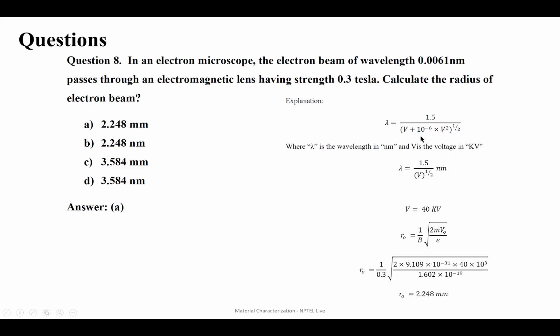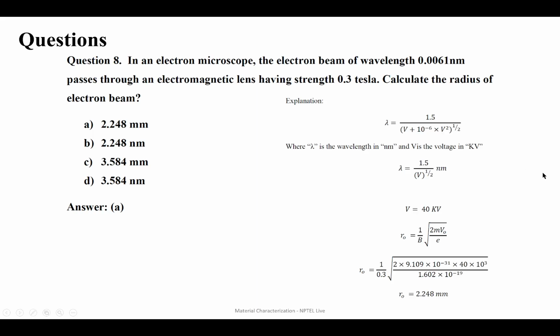But here it is 1.5 by only that, to the power half. Yes, because this is negligible. 1.5 to the power half is also there in the formula. That whole to the power half was there in the initial formula.